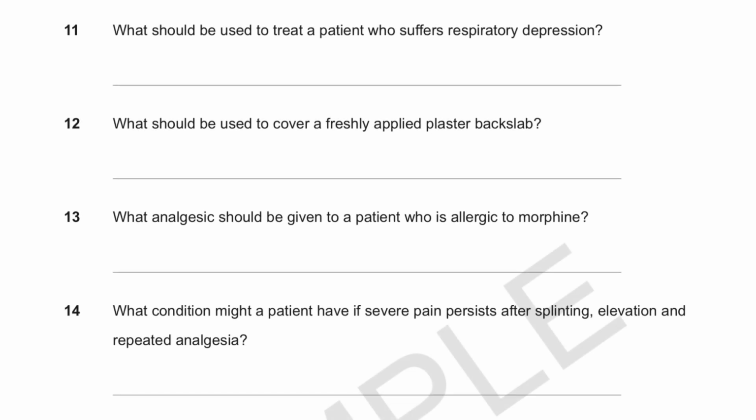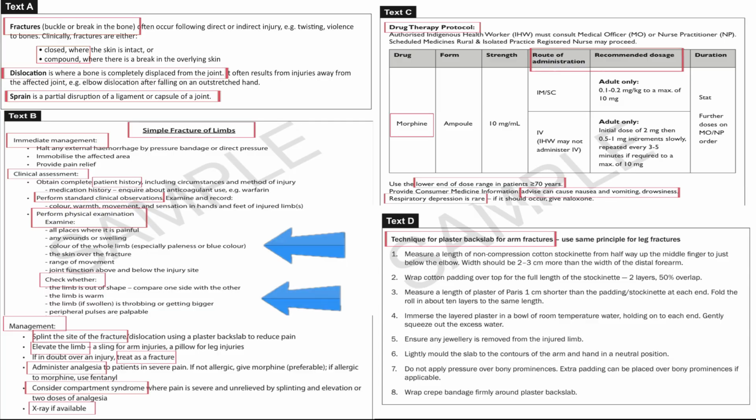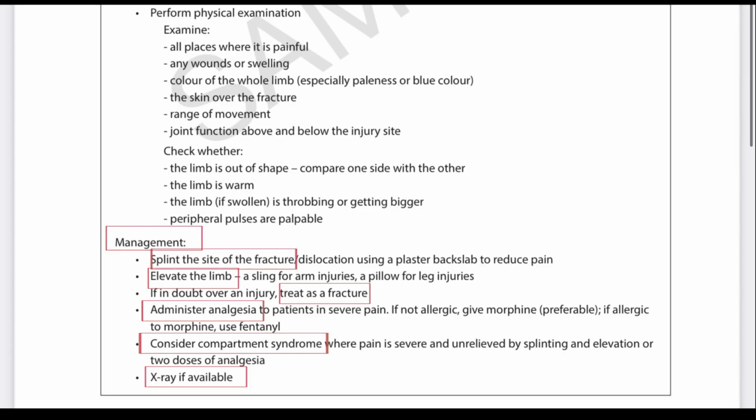Number 14. What condition might a patient have if severe pain persists after splinting, elevation, and repeated analgesia? So keywords are splinting, elevation, and repeated analgesia. Looking at the extracts and the keywords, we can assume that we can find the answer in text B because splinting, elevation, and repeated analgesia are all under management.